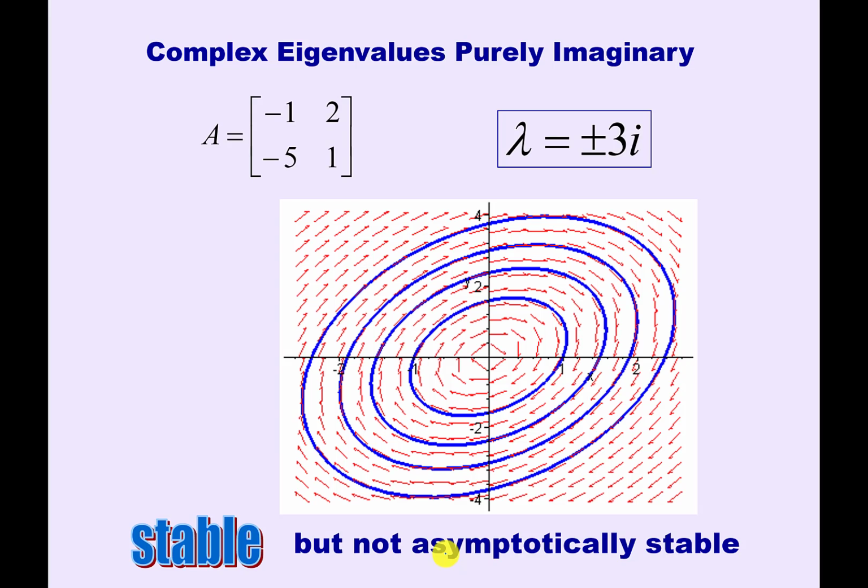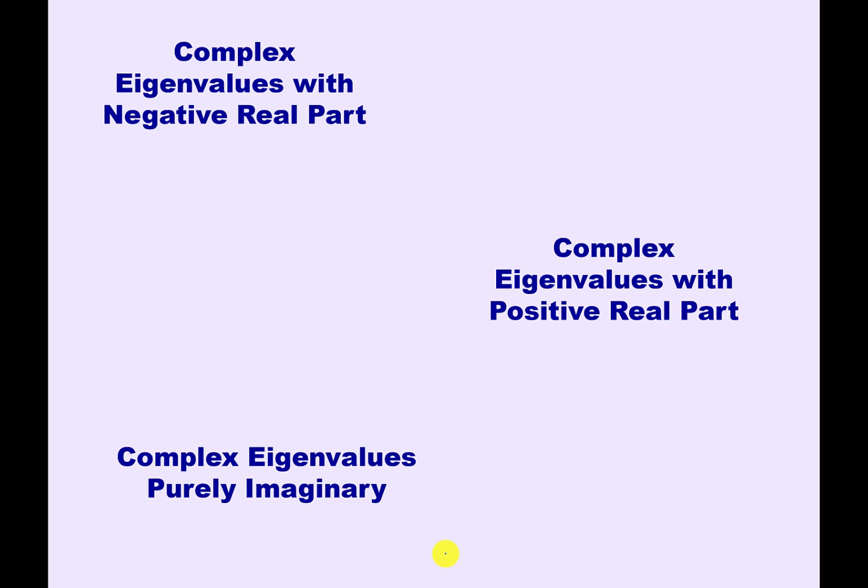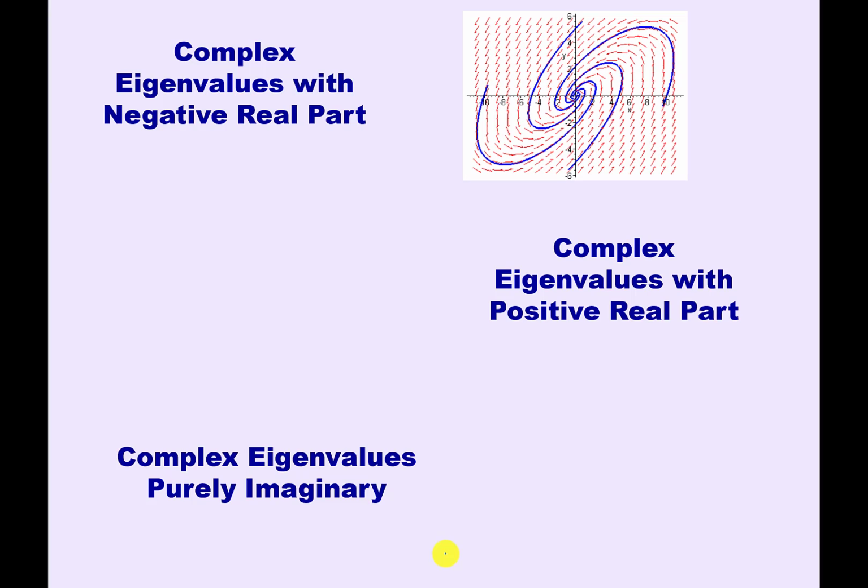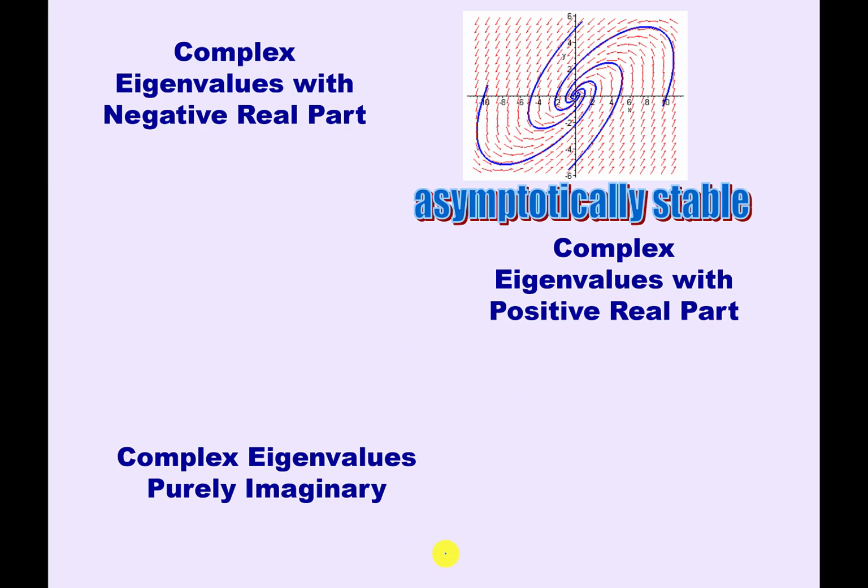Okay, so just in summary then, 3 things can happen when you have complex eigenvalues. You can have a negative real part, which basically causes this to spiral around and towards the origin. So that one was asymptotically stable.